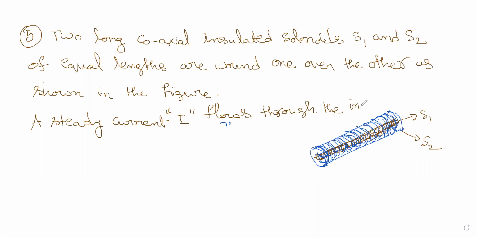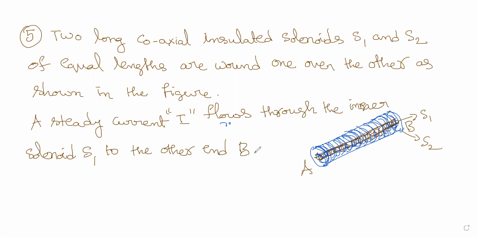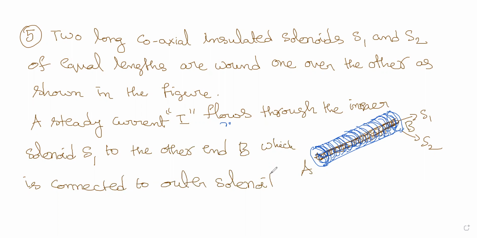So through the inner solenoid S1 to the other end, so this is the A end, this is the B end, to the other end B, which is connected to the outer solenoid S2. So after this part you can make a note.